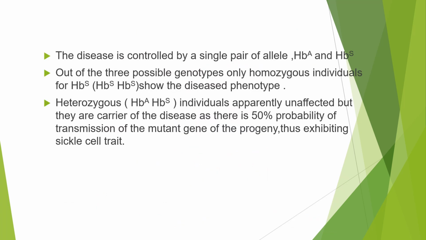Now, as per the Punnett square, we already know that the disease is controlled by a single pair of alleles. That is, this hemoglobin is normal and this hemoglobin is the sickle cell hemoglobin. Out of the 3 possible genotypes, only the homozygous individuals of HBS show the diseased phenotype.